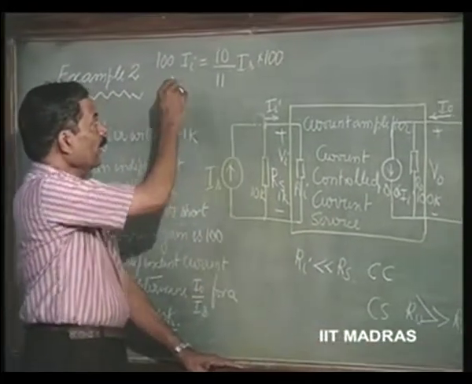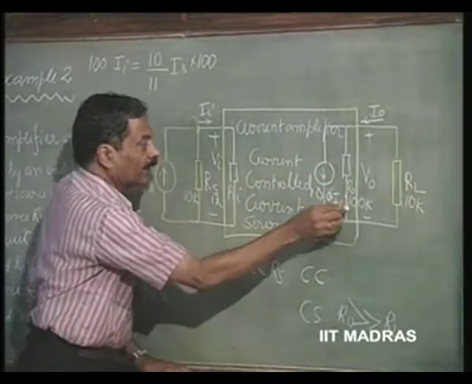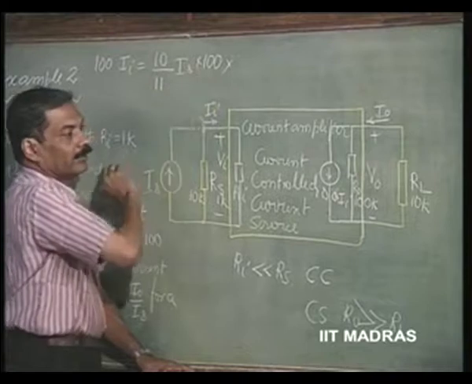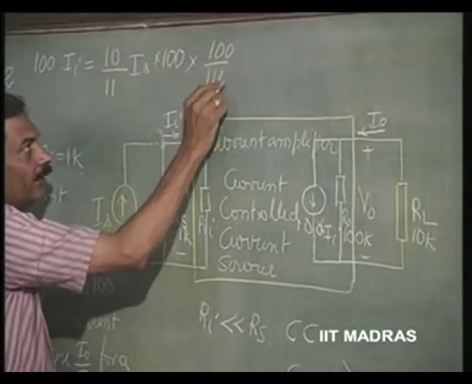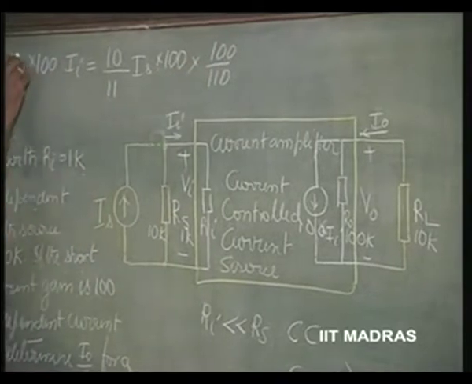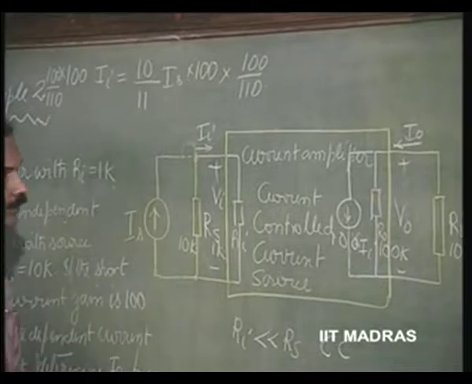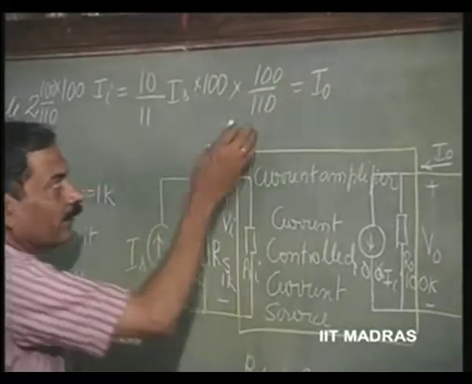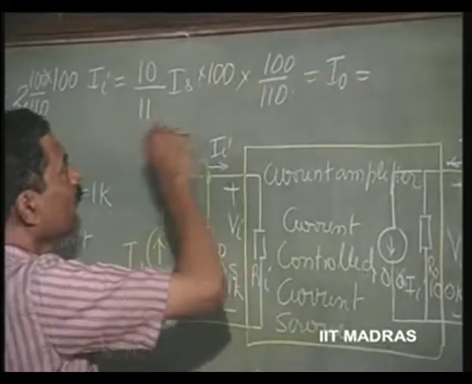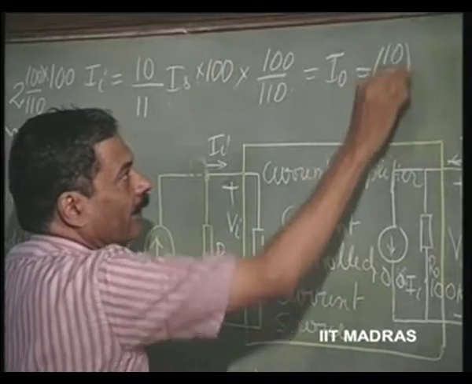This 100 II is going to divide between 10 K and 100 K as 100 divided by 110. As a result, we have therefore I naught equal to 10 by 11 squared.